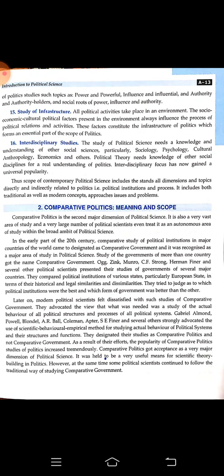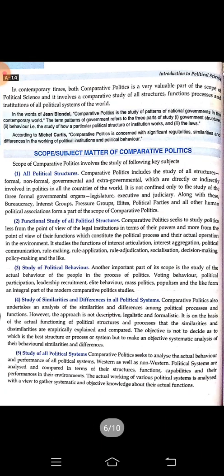So what is the scope of this subject? A few main topics we will try to understand in the study of comparative politics. First of all, we are going to understand political behavior. How each country has its own political behavior when following different kinds of ideologies.